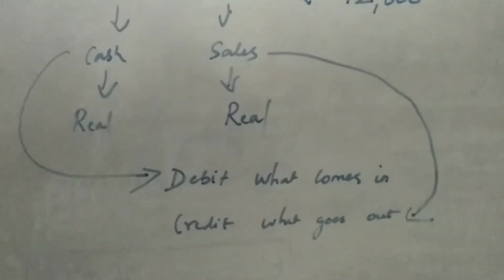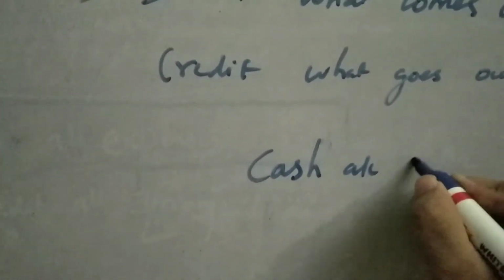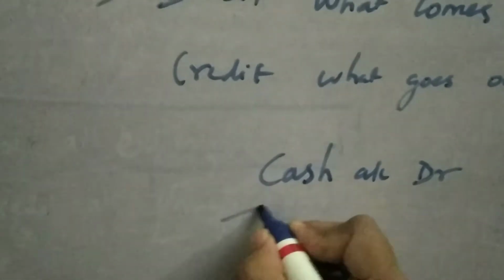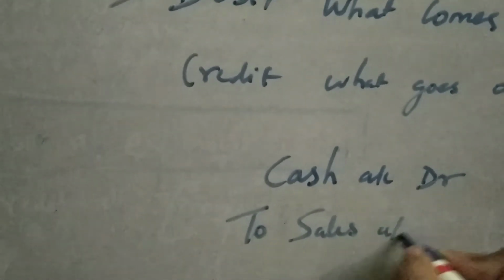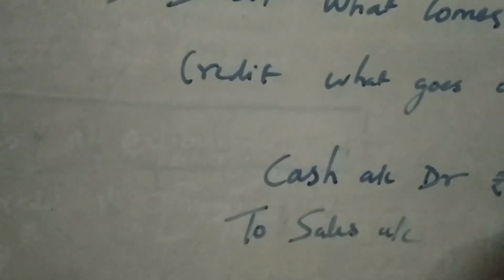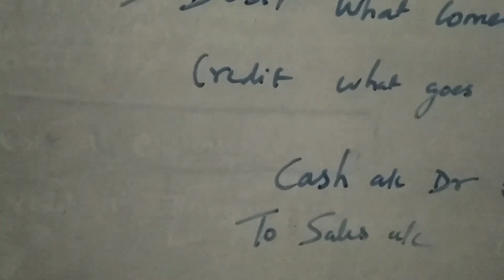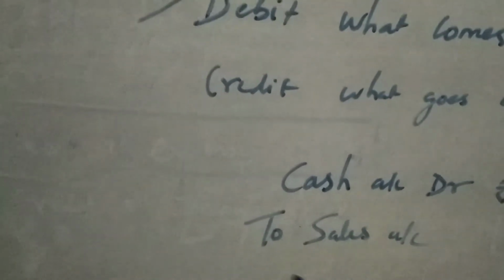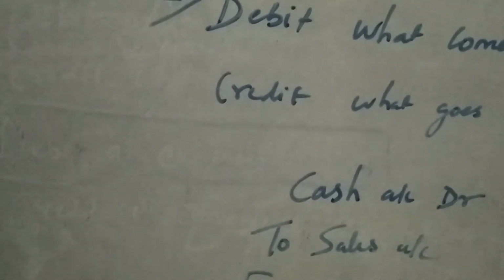So shall we now write the entry? Cash account debtor to sales account, rupees 12,000. Cash sales made.